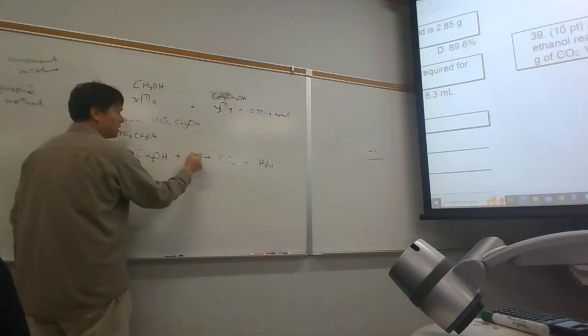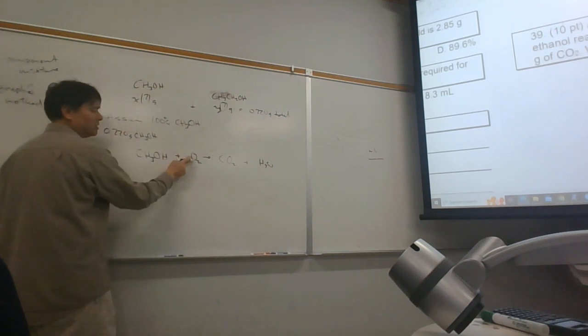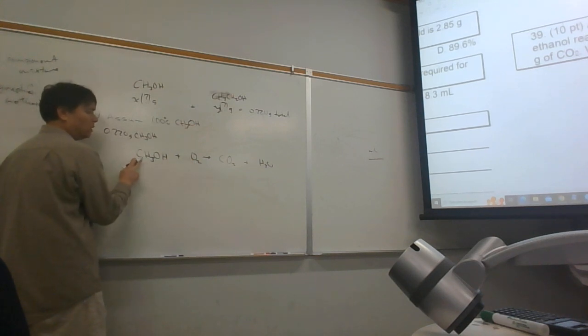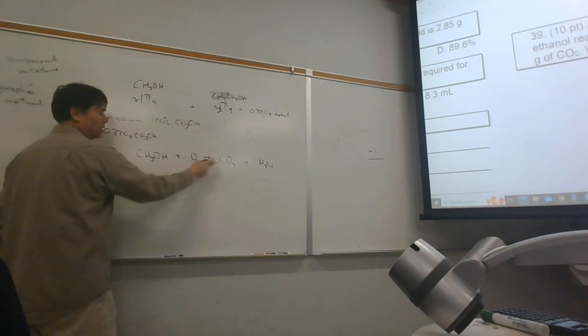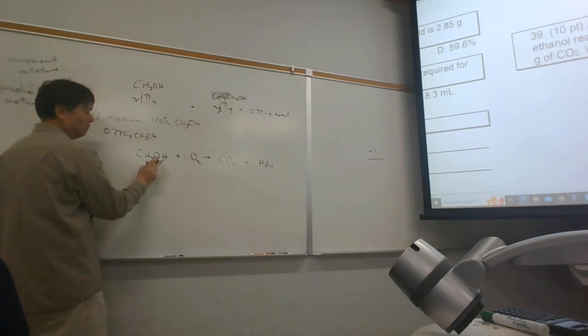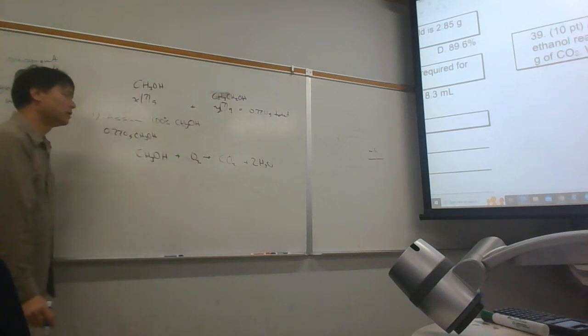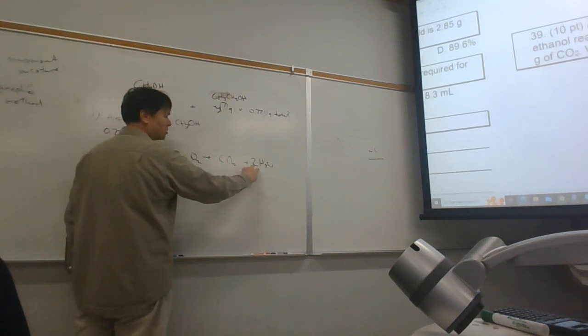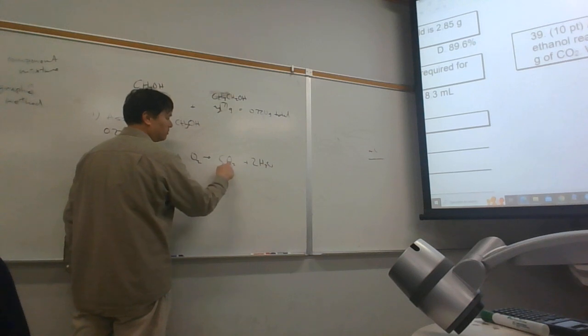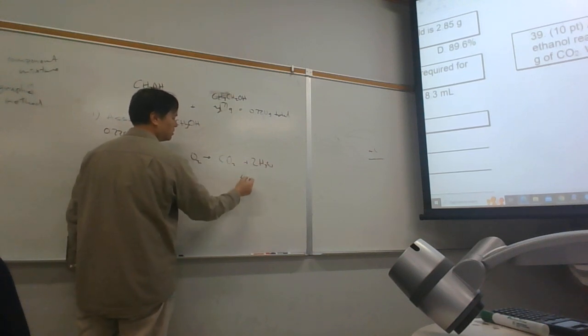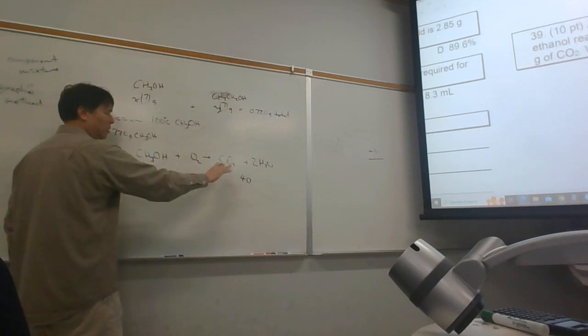Okay, when I balance these, I always leave the single element species last, so oxygen I always leave last. Methanol has one carbon, CO2 has one carbon, balanced. Methanol has 4 hydrogens, so I'll need 2 waters. That gives me 4 hydrogens. I don't want to change the CO2 or the water, so I'm going to have 2 oxygens plus 2 oxygens. That gives me 4 oxygens on the right.